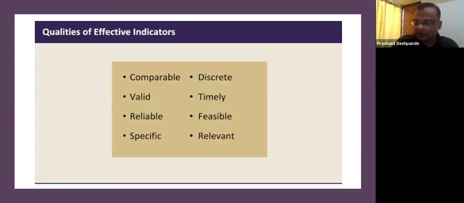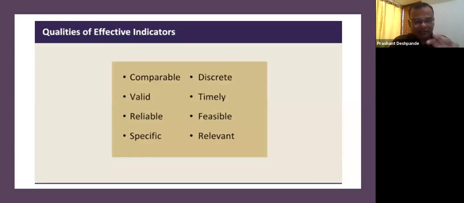Then feasible. Feasible means it should be readily available. We cannot put indicators in our program which we cannot generate during the implementation. So it should be feasible, doable, readily available from a credible source to the organization, and it should be relevant. Relevant means what?